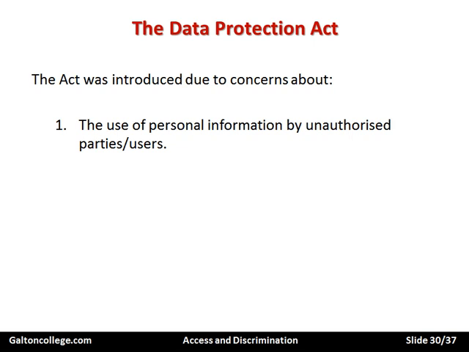Simply people collecting personal information about others and using it for their own benefit. It's spying on other individuals and using the information that's collected from spying to generate revenue, exploiting that information. So the Data Protection Act was used to try and protect individuals from this happening.